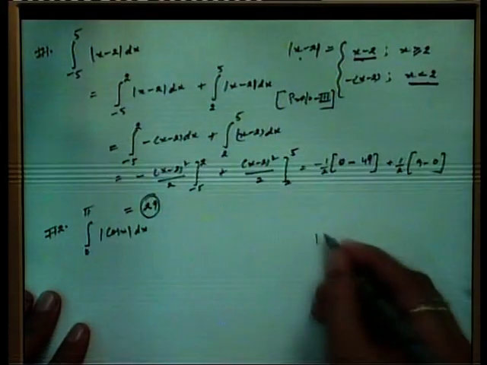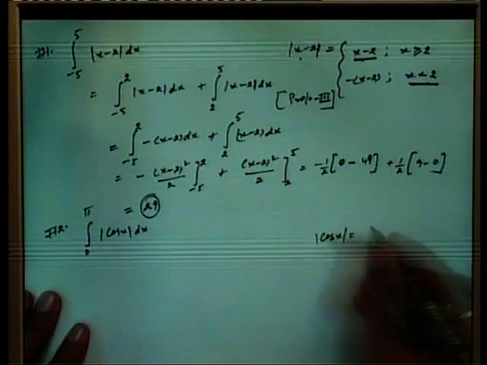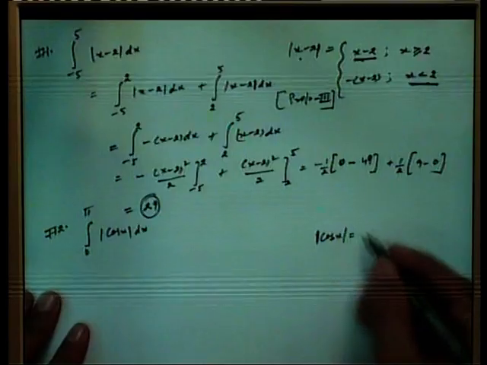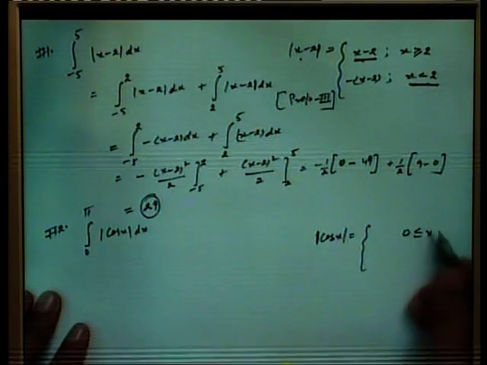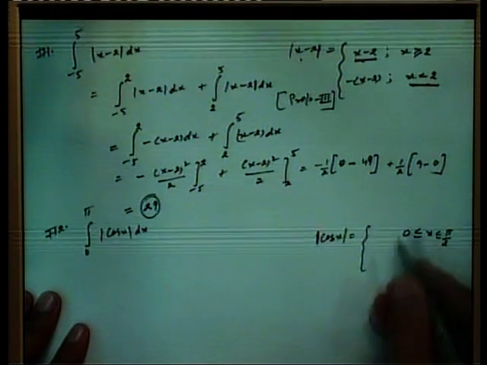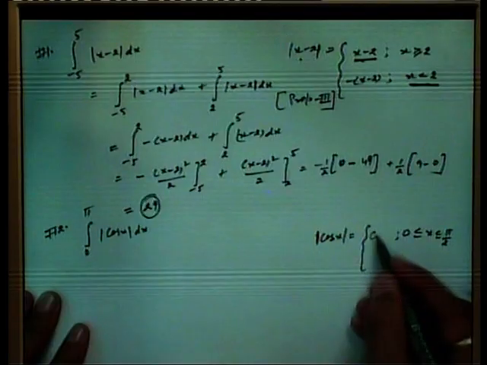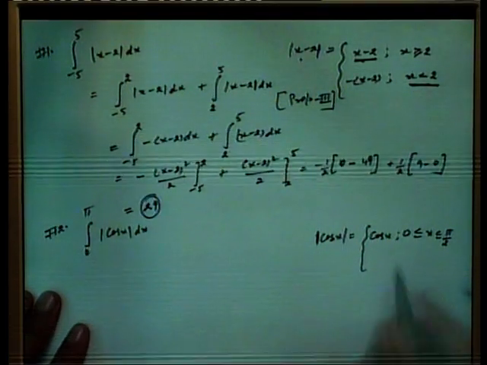We know that mod of cos x, when x is in the first interval, that is 0 to pi by 2, is positive, so mod of cos x is cos x.